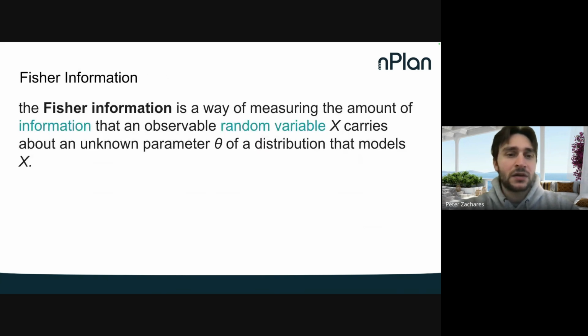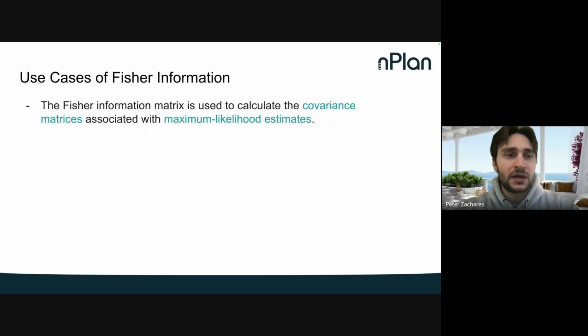Okay, we talked about that. So I just wanted to say some of the use cases of the Fisher information, so it doesn't seem like a completely abstract concept. The Fisher information matrix is used to calculate the covariance matrices associated with maximum likelihood estimates. That actually comes up in the paper. Actually, no, they're using it for Bayesian statistics, sorry.